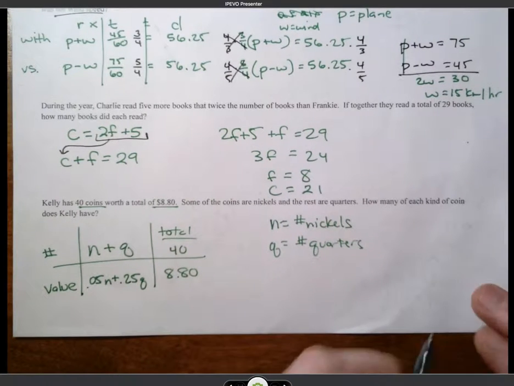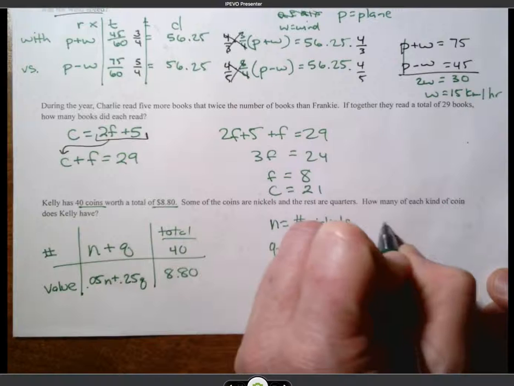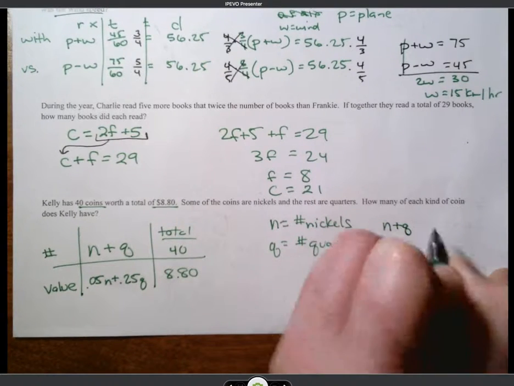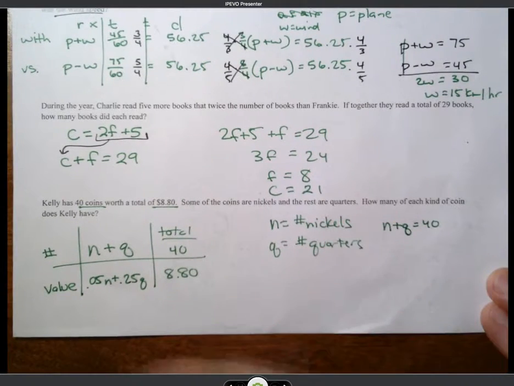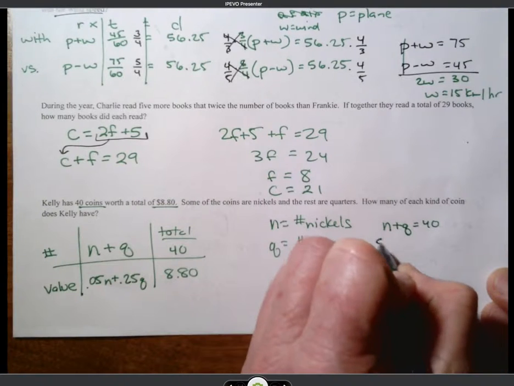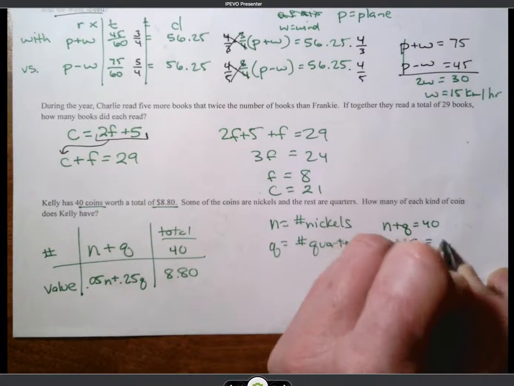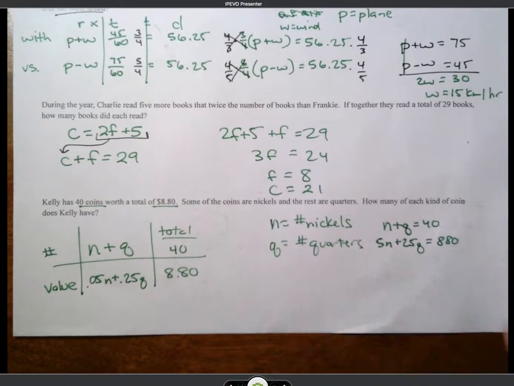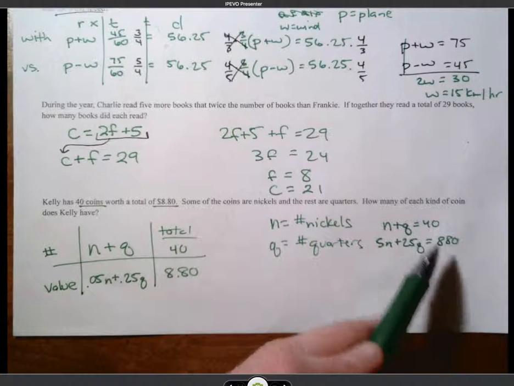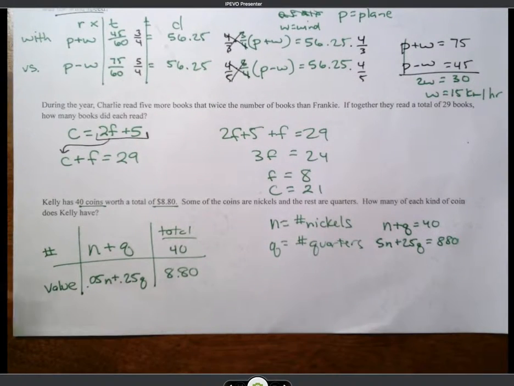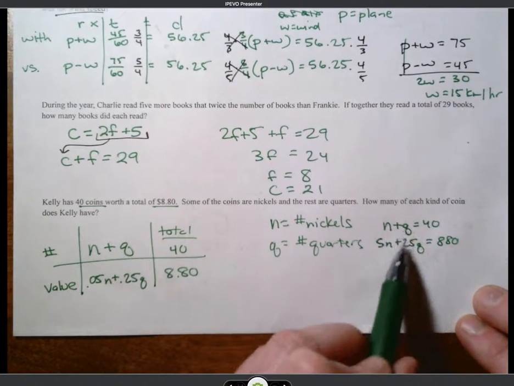So let's take a look at what that looks like. I have N plus Q is equal to 40. I have 5N plus 25Q is equal to 880. So I need to solve that now. We could solve this for N and then substitute, but I'm going to make either the N's or Q's match.